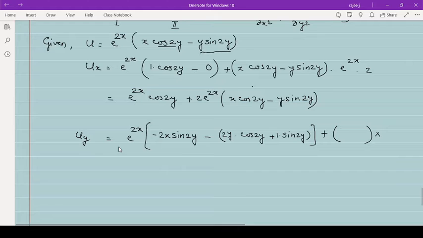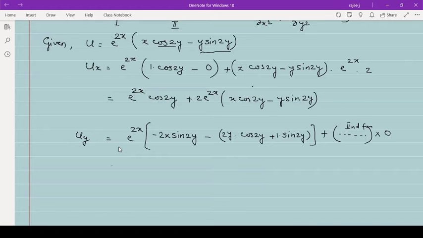The second function comes here, and the derivative of first, e raised to 2x, is 0 because we are differentiating with respect to y. So here it is going to be 0, and this complete term will go.